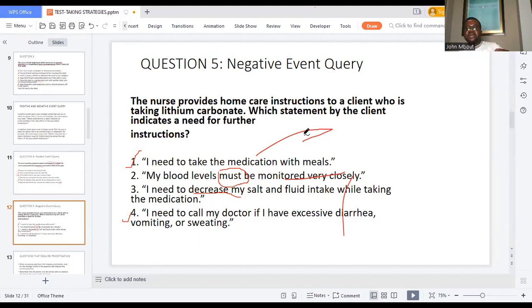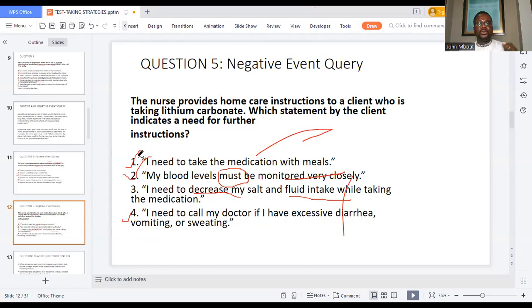Remember, we are choosing the option that needs further teaching. We are choosing the option that needs further teaching. So in the client that is taking lithium carbonate, we have to increase sodium, increase fluid. We don't have to decrease. So these other options are correct, but that is not what they are asking. If it were a positive event quorum, what will you teach?